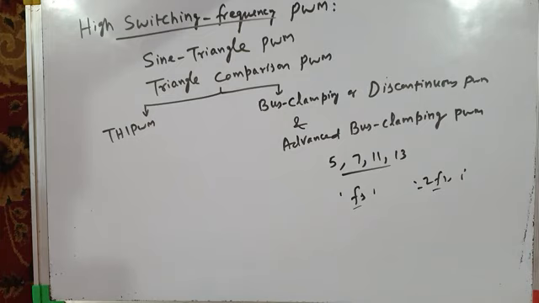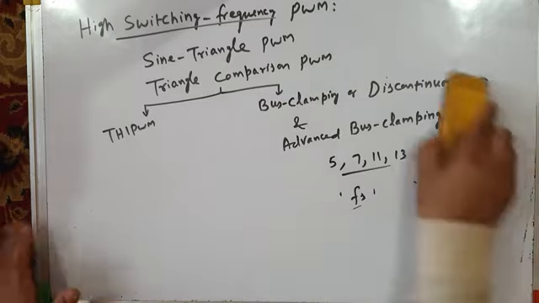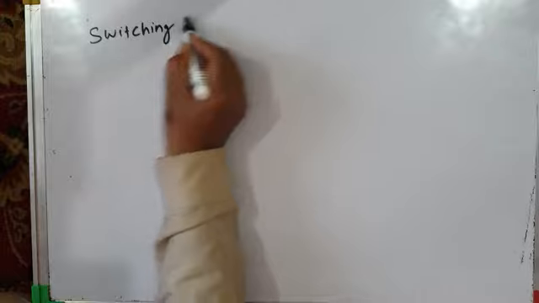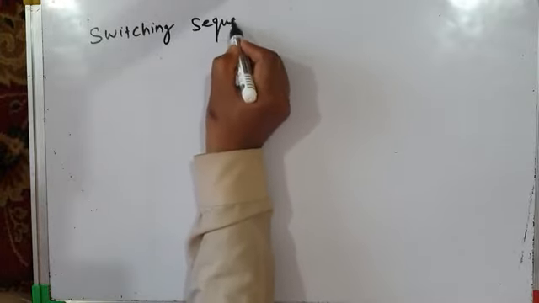Okay. Now, in order to eliminate those harmonic torques, we have studied various types of PWM techniques like space vector PWM techniques, various types of switching sequences we have already studied, in the last 3 to 4 lectures.